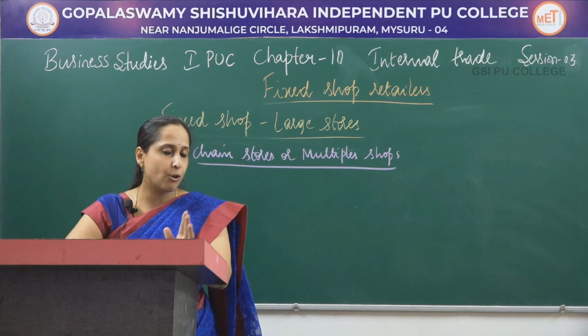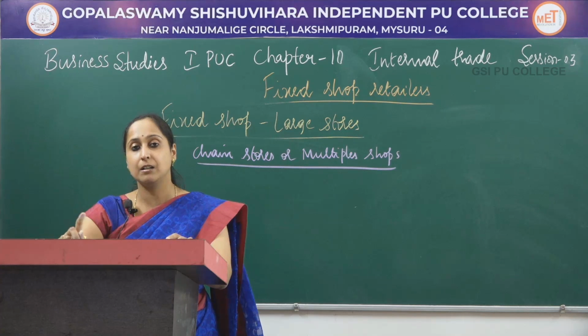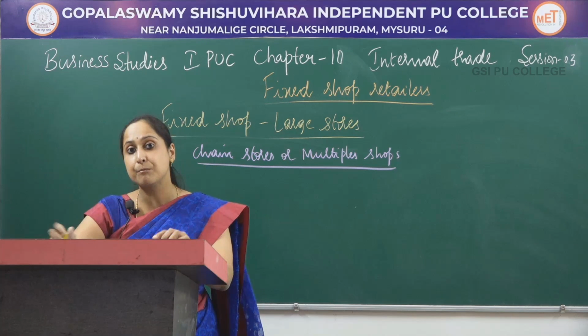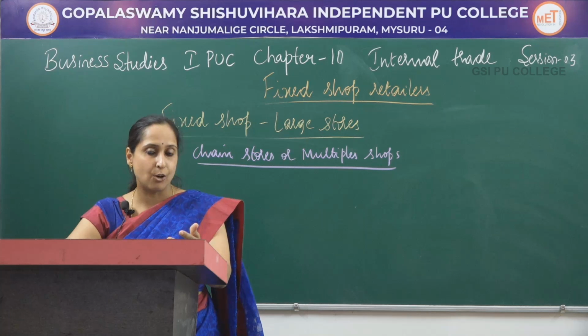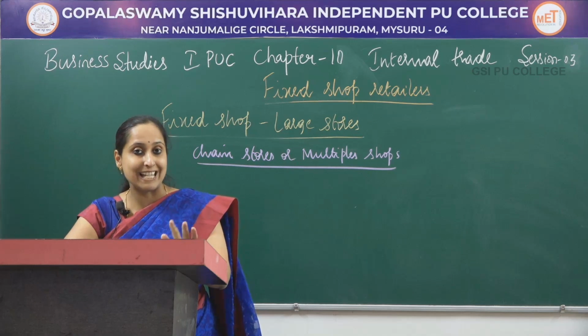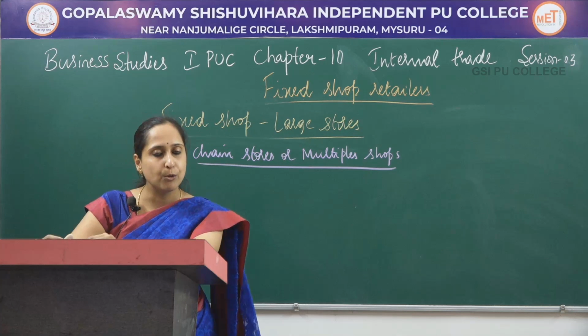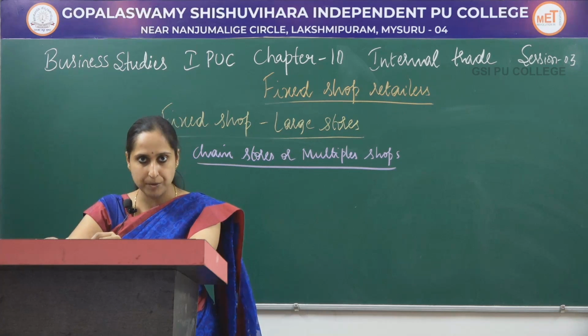The head office of these multiple shops normally appoints inspectors to inspect the day-to-day activities of various branches, especially when it comes to quality of customer service, or whether they are following the policies and rules, etc. As I already told you, Bata shoe store is a typical example of multiple shops.